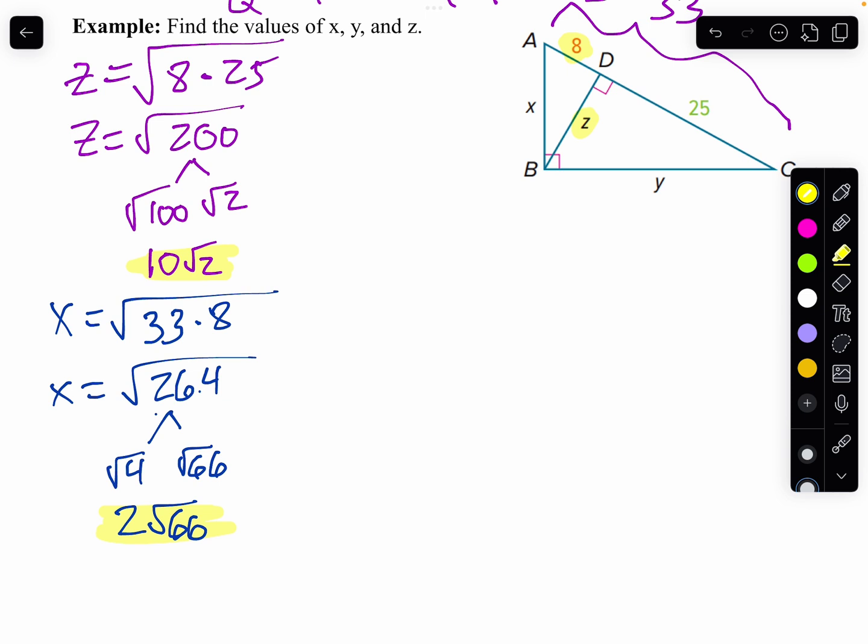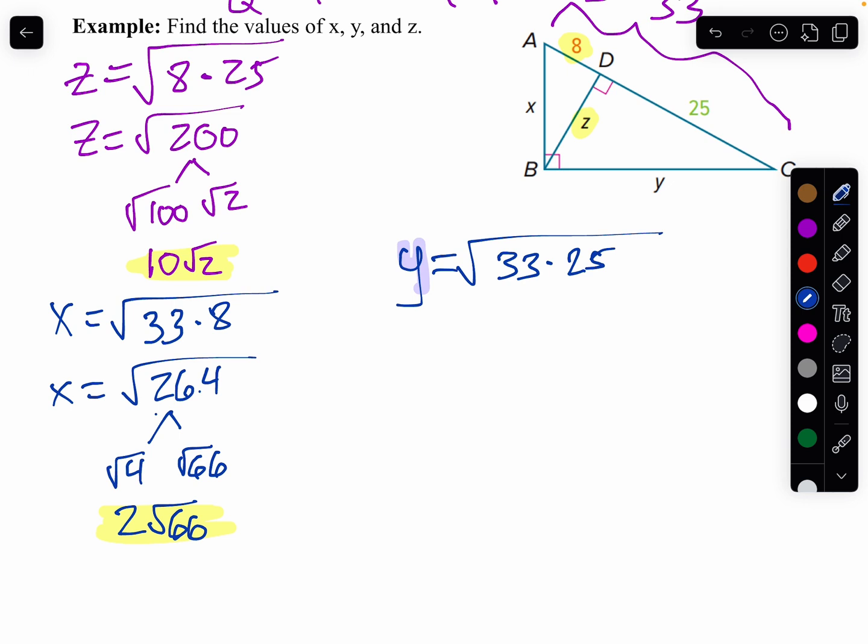And then we'll do the same thing for y. The only thing that's different when we do y, whoops, need my marker there. When I do y, I'm going to do 33, but this time it's times 25, isn't it?